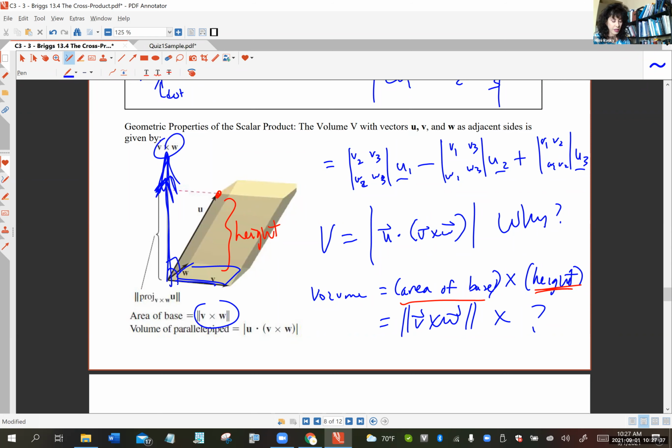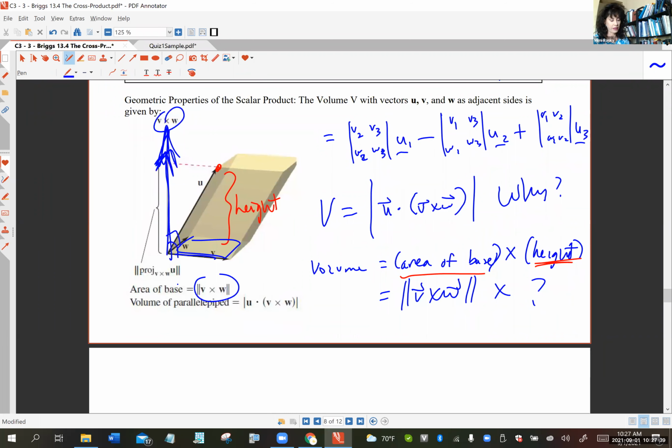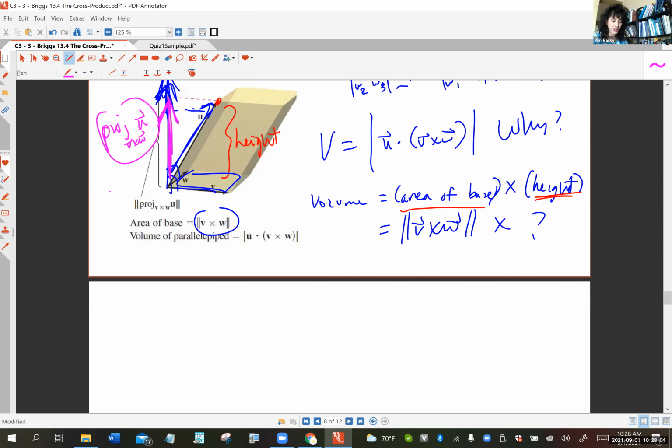Okay, fine. But what's that got to do with height? That's not helping me. Well, sure it is, because what we're going to do is project the U vector onto the cross product. And this vector here, which is the projection of U onto V cross W, we're going to take that guy's magnitude, and that'll be the height, because this magnitude is the height.